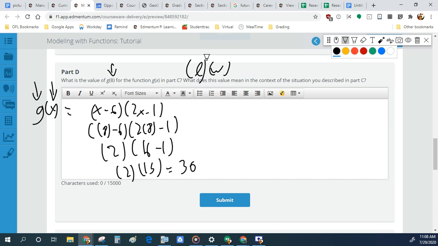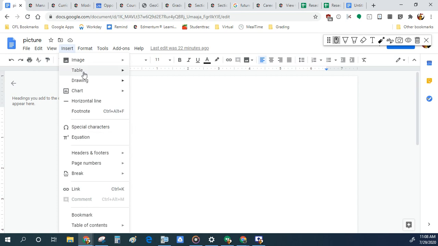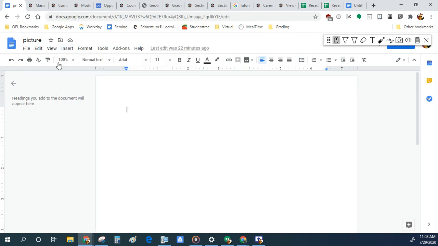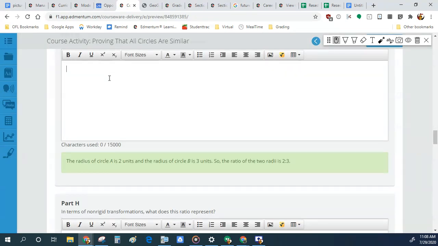One thing, guys, I found out that the picture option just isn't working in Admentum right now. If you want to take pictures, what I recommend you do is make a Google Doc, insert your picture there, go to share, click copy link, and then on Admentum paste the link in.